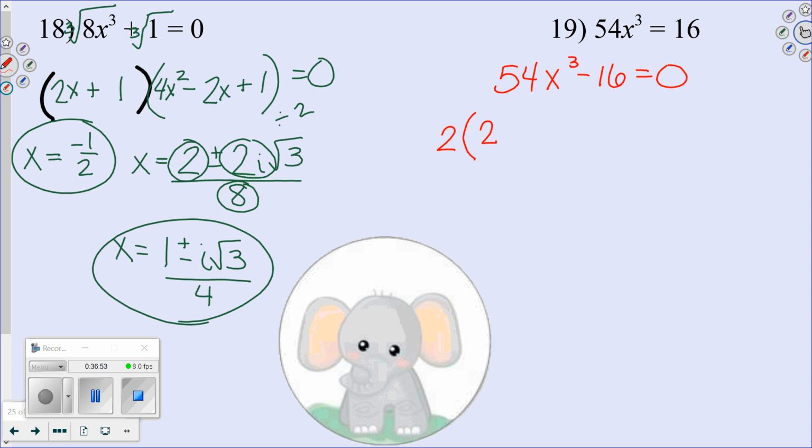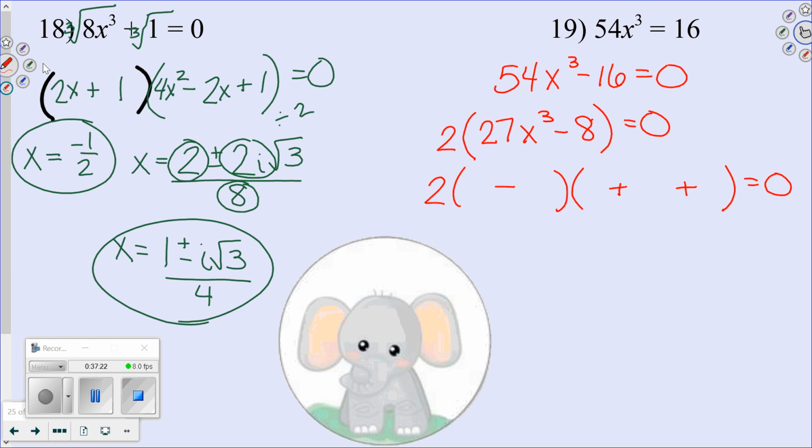So we get 27x cubed minus 8. If you're ever not sure if it's the biggest or not, pull it up. Take a look. Is there still a GCF sitting inside there? If there is, you didn't take the biggest one. But there's not. All right, 2 terms with a cube. So that's our SOAP pattern. So we'll set up our parentheses. SOAP, so it's same sign, so it's a minus, opposite, and always positive.